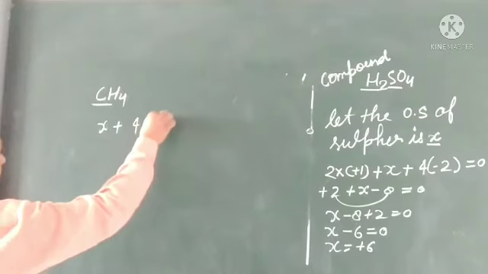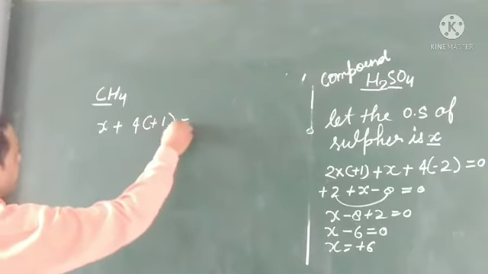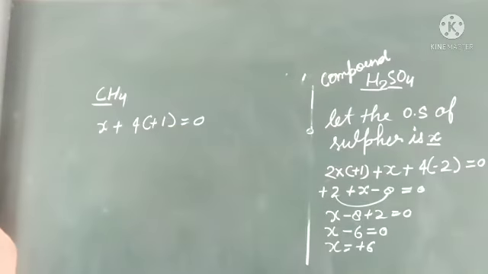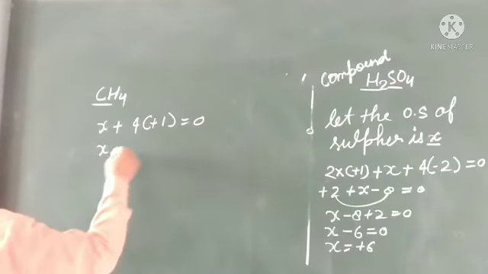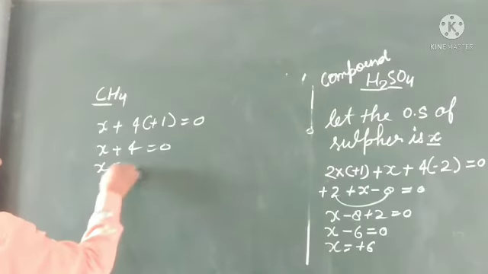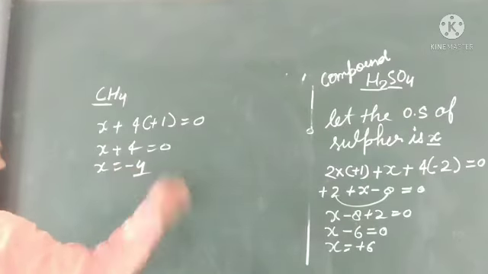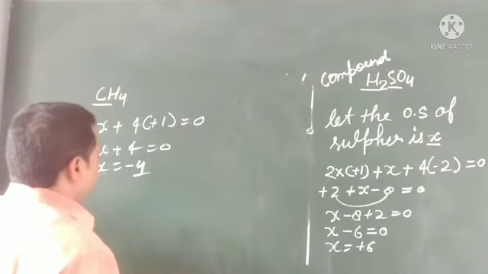So X plus 4 equals 0. X equals minus 4. So like this we can calculate the oxidation state of the atoms.